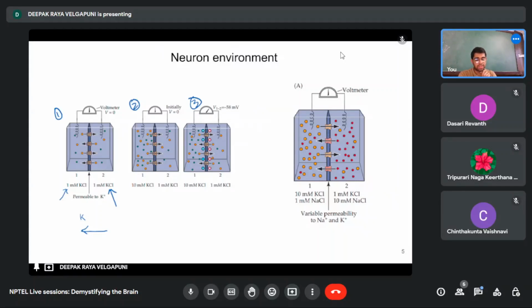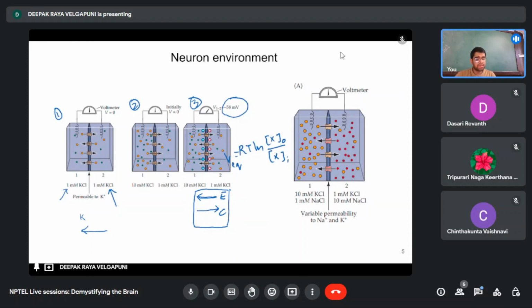This positive charge builds up an electric field in the opposite direction, and there is chemical diffusion. Let's denote them by E and C. Until these two forces become equal, and then they give a potential called the equilibrium potential, which is determined by RT ln [X]o by [X]i. So this is the equilibrium potential that we get.